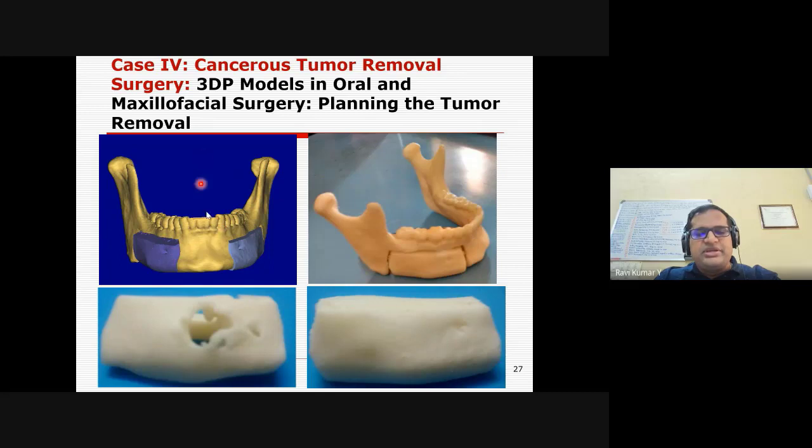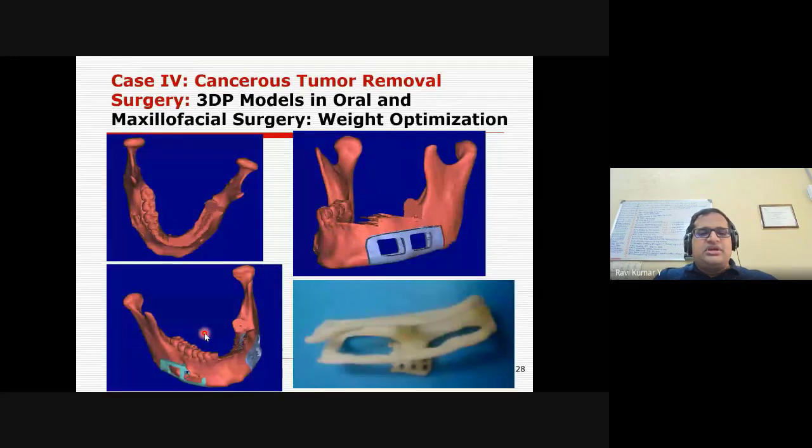You can copy it with the mirroring command, then print them, and let the surgeons do a rehearsal of how much portion they need to cut, and where. At that region, the cancer or tumor region, is where it should be removed. And once you remove it, we need to design an implant.